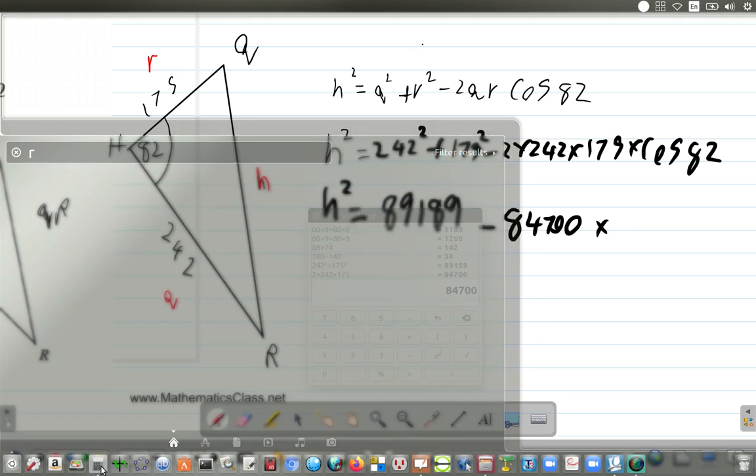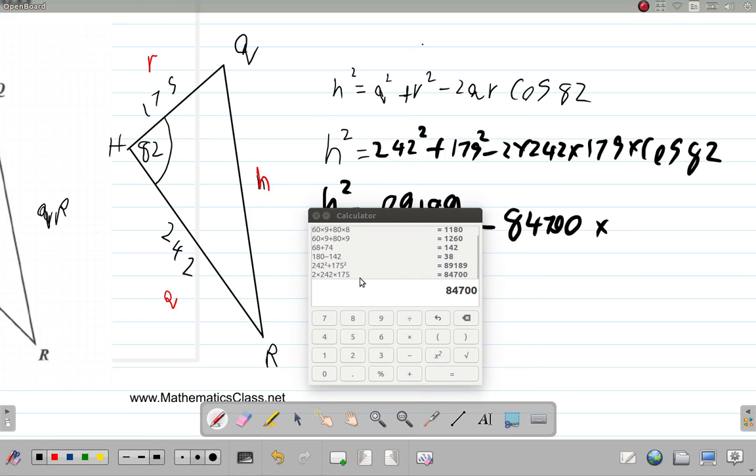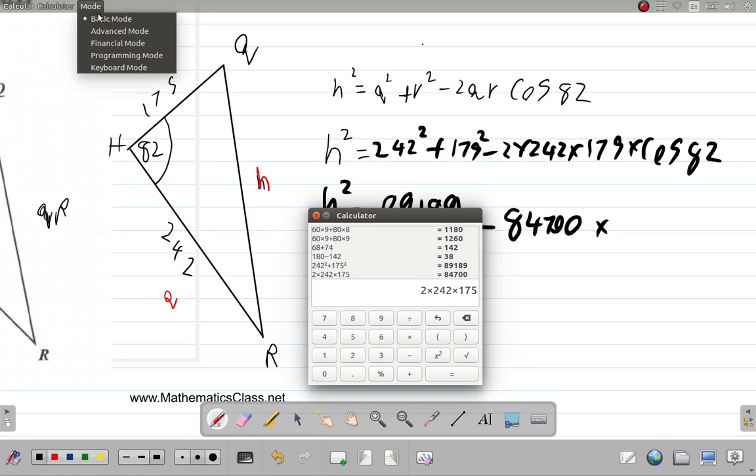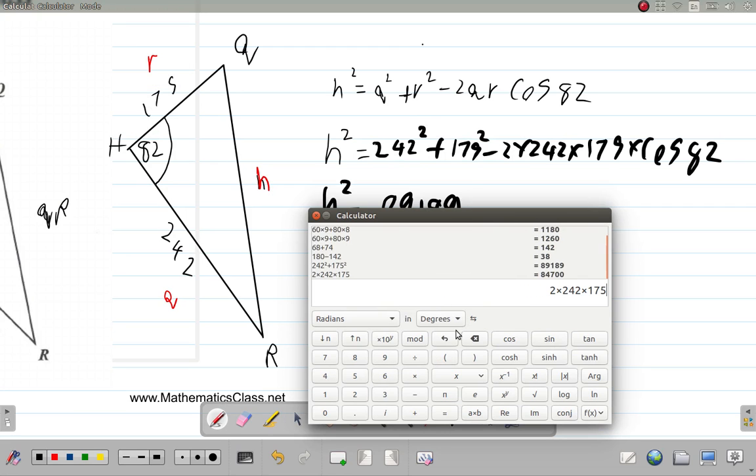To find the cosine, we put the calculator in degree mode. So cos 82 equals 0.139.